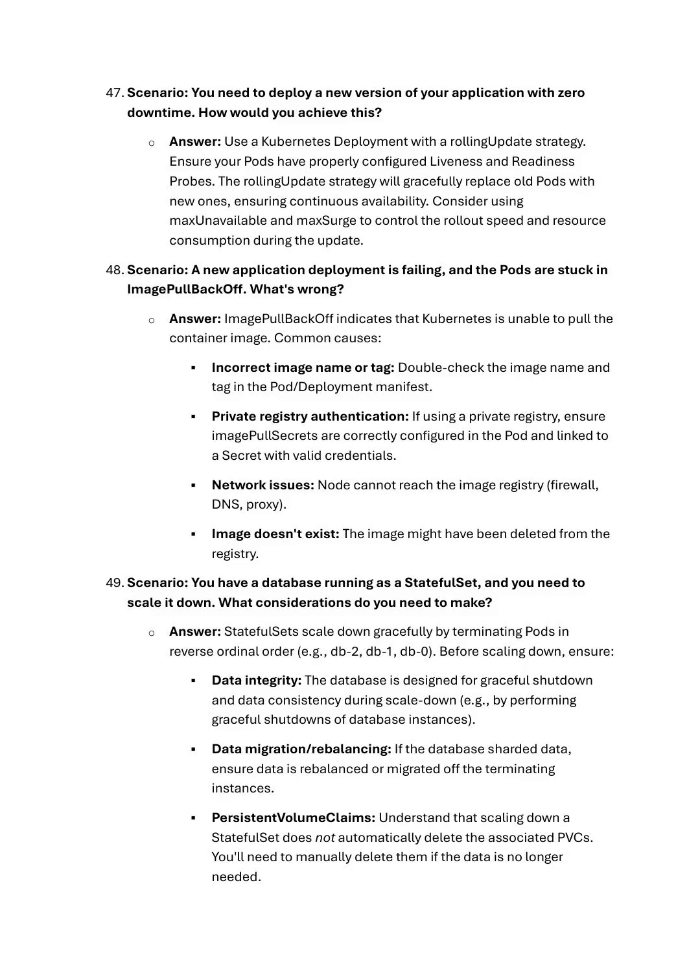Private registry authentication: if using a private registry, ensure image pull secrets are correctly configured in the pod and linked to a secret with valid credentials. Network issues: the node cannot reach the image registry, due to firewall, DNS, or proxy. Image doesn't exist: the image might have been deleted from the registry.